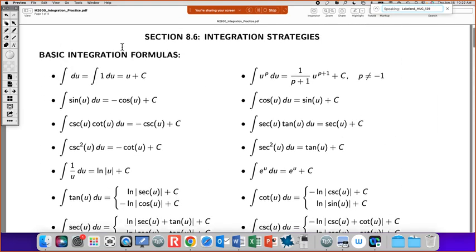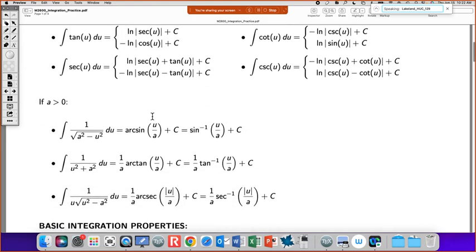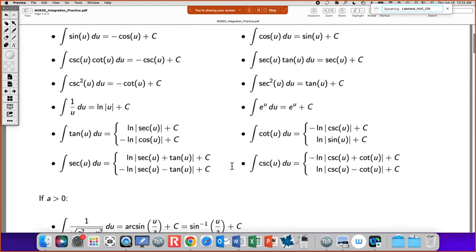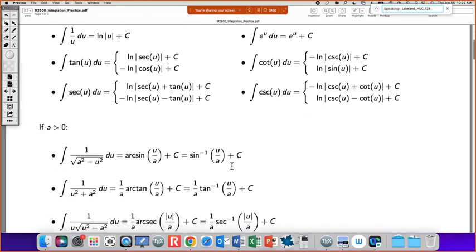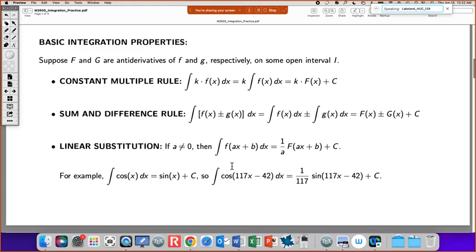Because this class is 8 weeks, if you're still reviewing Calc 1, you haven't had time to even. So you're going to have these basic formulas on the test. So like today when no one knew what that is, you'll know. Okay, it's on there. You still need to be well versed in what's going on to know what strategy to use. Here's your basic integration properties.